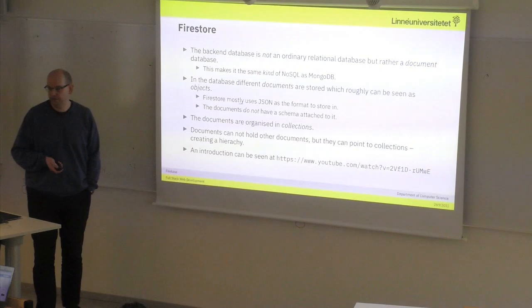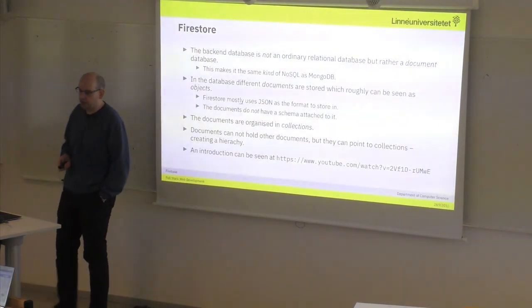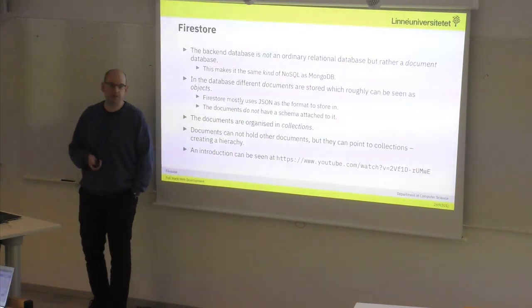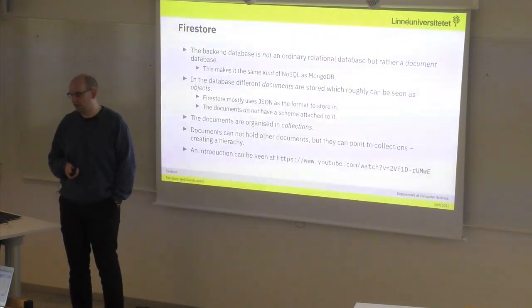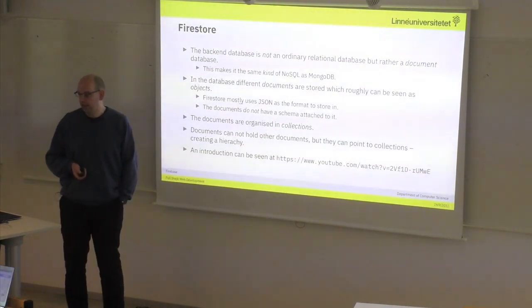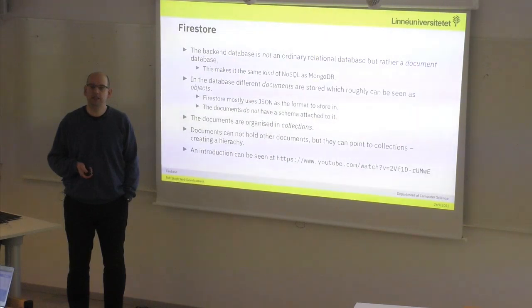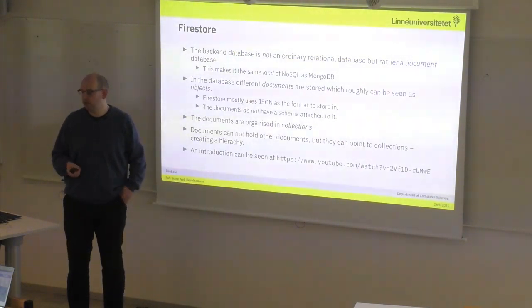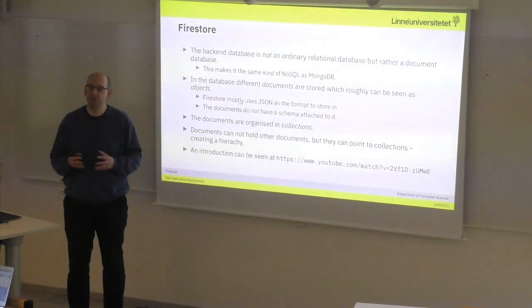Firestore is the database, and it's not a relational database like MySQL or Postgres. It's a document-based database, so it basically consists of a number of documents, and these can be seen as objects. Later on, we are creating each of our documents as one of these Jedi Masters.